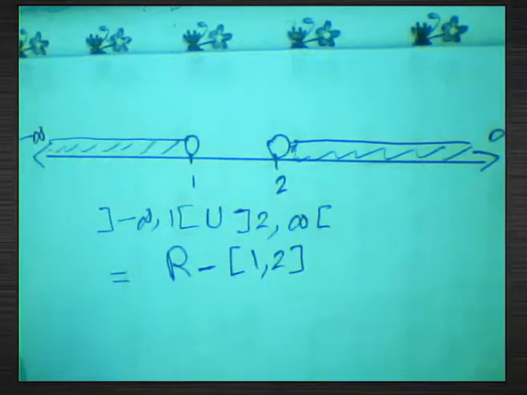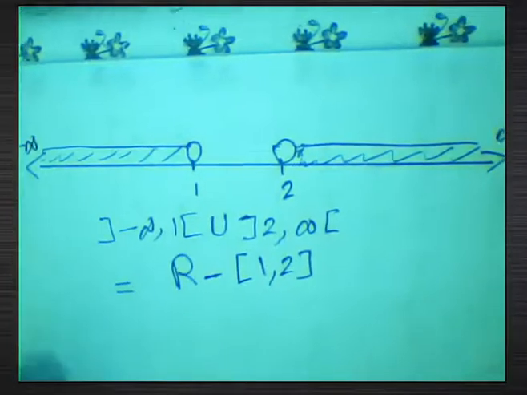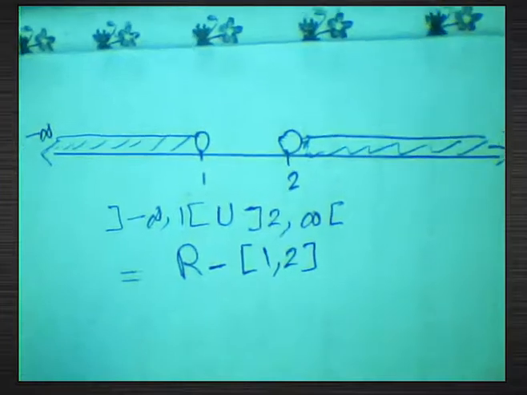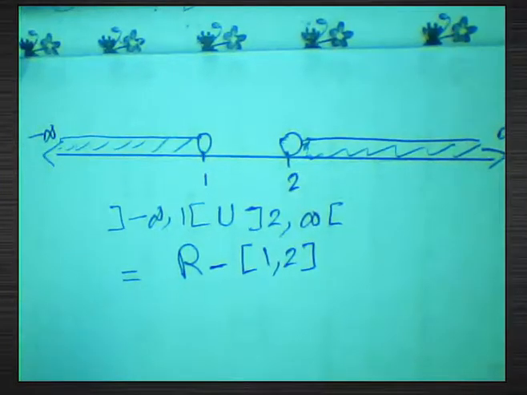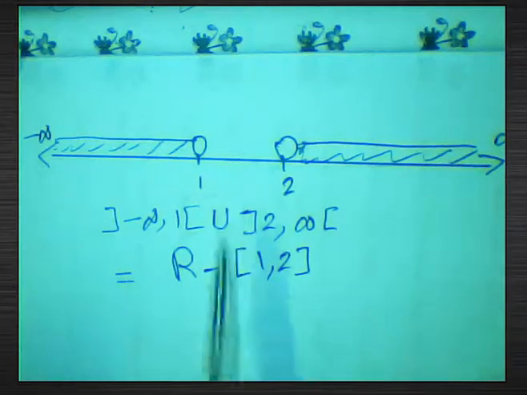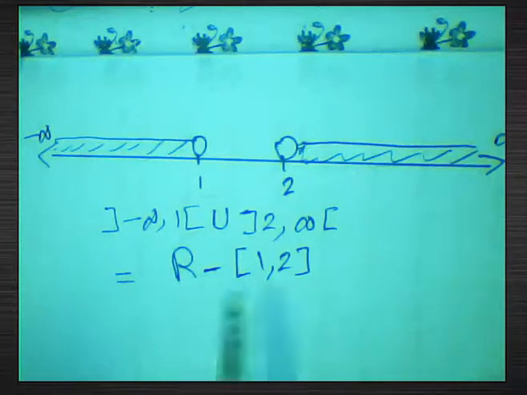It will be closed because we cancelled all numbers between 1 and 2. Okay, it's easy for you. Again, we want to find the union. We have all numbers on the number line without this interval, so we write real numbers subtract the closed interval from 1 to 2.